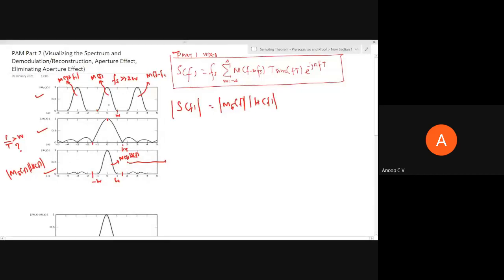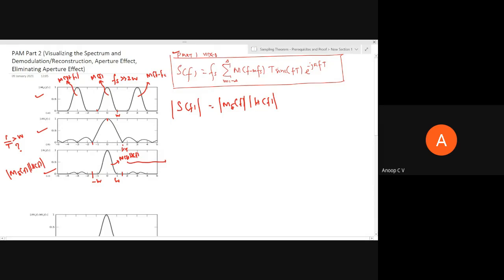Our message signal has different frequency components, from f equal to 0 to f equal to W. The component at f equal to 0 will have a gain of 1, and other frequency contents will be attenuated.